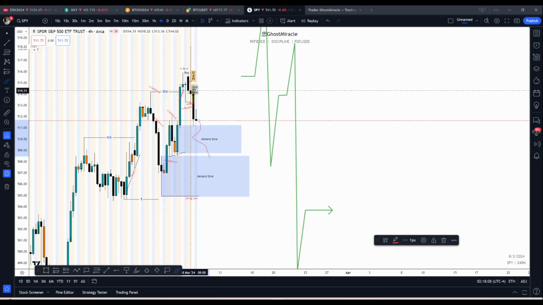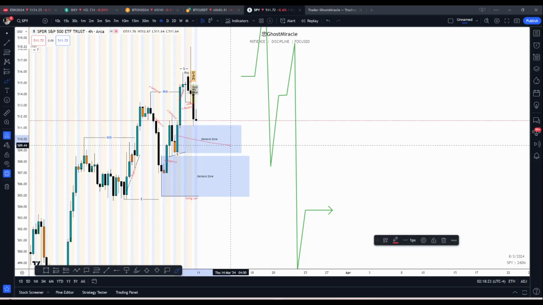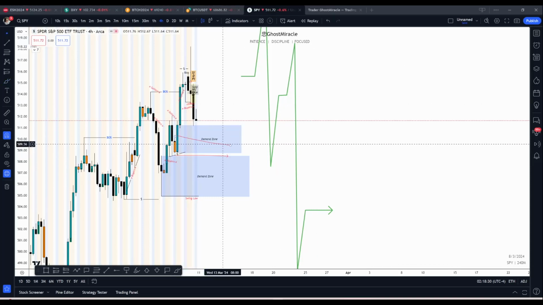It might take a full day or so to even get to this point. I would use it more as a target, as opposed to a deterrent to taking buys, because price can surely still come into this demand here.